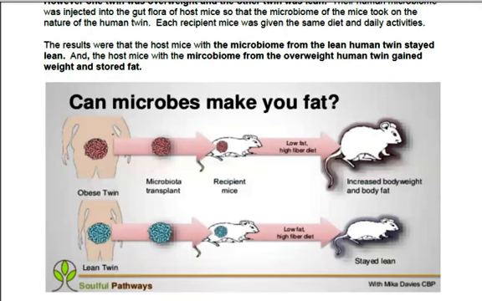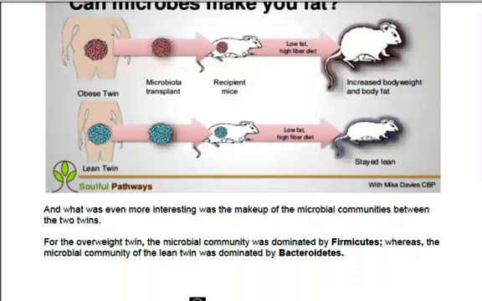And I still don't have these two words down properly: Firmicutes, I think it is, and Bacteroidetes. In researching this area, what comes across in almost every study I've seen is that people who are overweight and obese are dominated by Firmicutes, whereas people who are lean are dominated by Bacteroidetes.